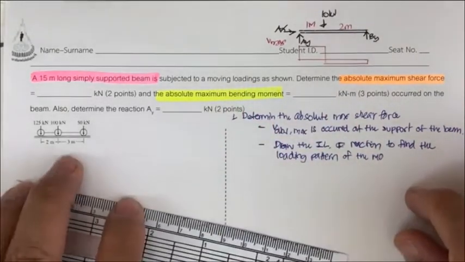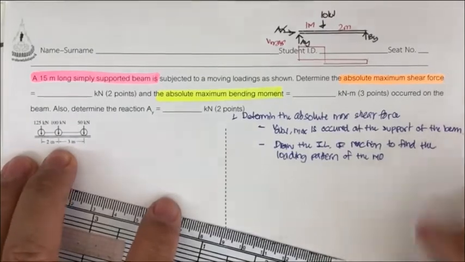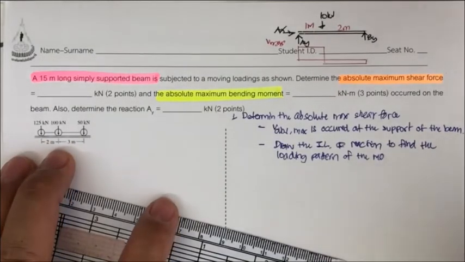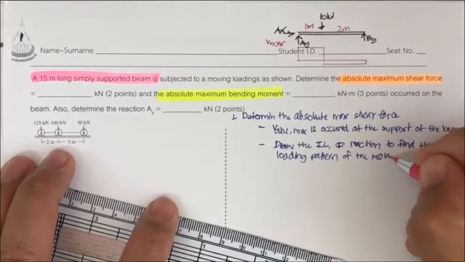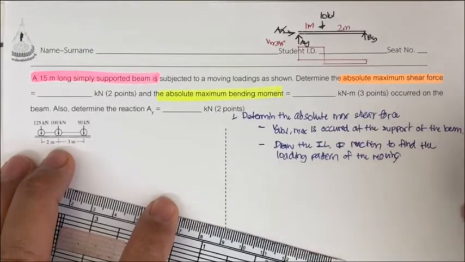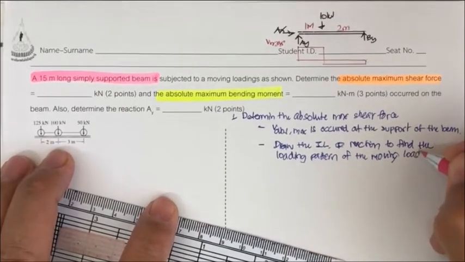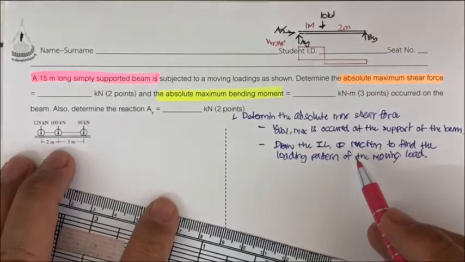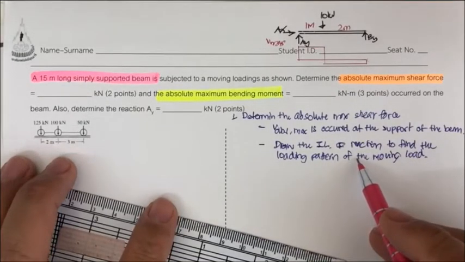So we have the moving load here. We're going to draw the influence line of the reaction first and determine the loading pattern of the moving load. That is going to be learning objective 1 and learning objective 2 of this study.